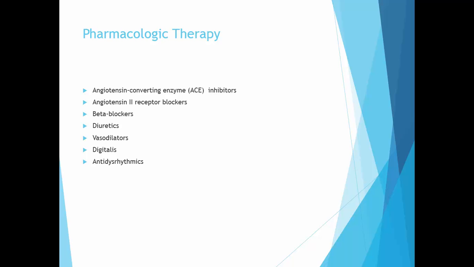All right, looking at pharmacologic therapy. Your angiotensin converting enzyme inhibitors, your ACE inhibitors, these will actually interrupt the angiotensin 1 from converting to angiotensin 2. It also blocks the renin-angiotensin system activity. It decreases the cardiac work and increases cardiac output.